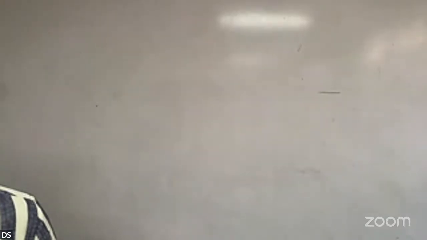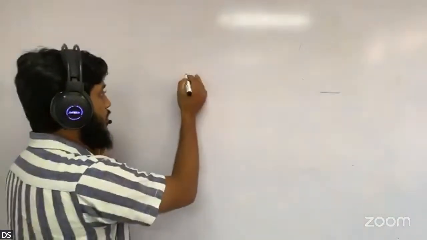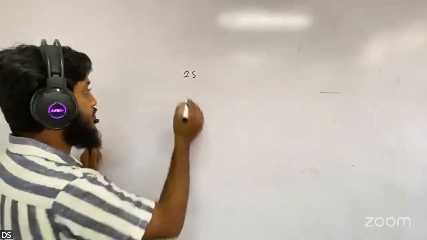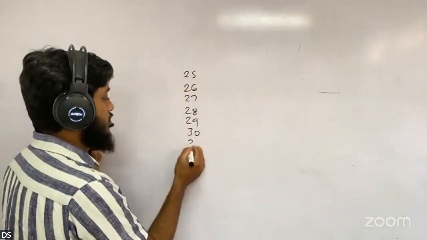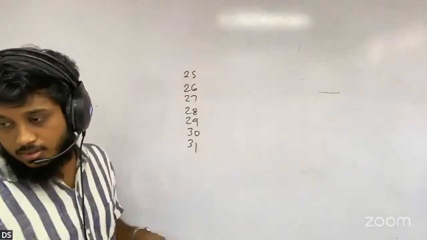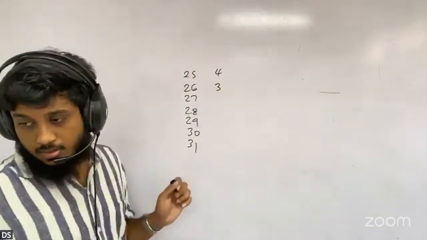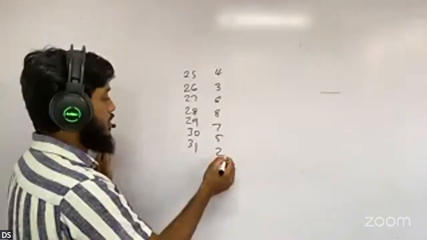Now you can see the number of units here. You can see 25, there are 4 houses. You can put the units like this, 25 to 31. Then you can put the number of houses here: 4, 3, 6, 8, and 8.